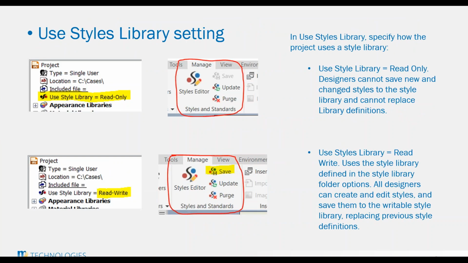The next setting down is the use styles library. This gets to be a little bit confusing. What this does is allow you to push changes back into your design data folder. I'm kind of jumping ahead.